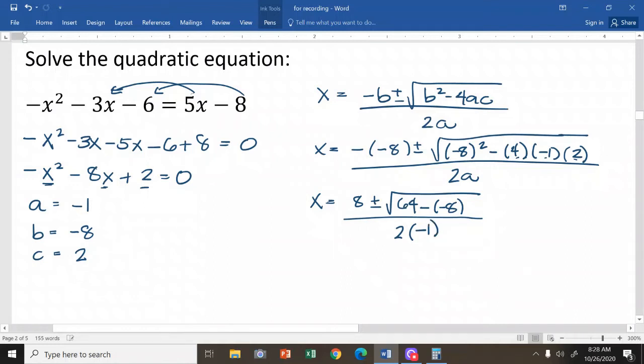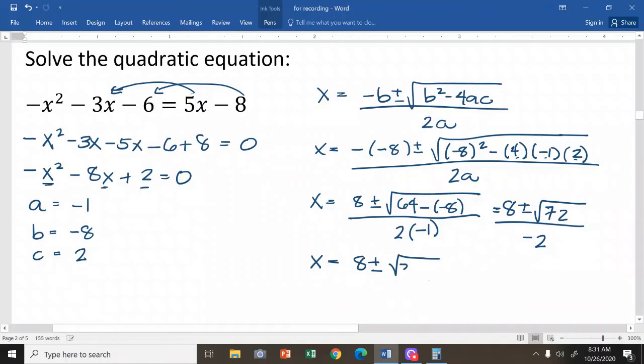Hindi ko pala nalagay yung negative 1 dito. Okay, so, ngayon meron tayong 8 plus minus square root of, so, 64 minus negative 8 is positive 72. Then, over negative 2. So, pag sinimplify pa natin siya further, x is equal to 8 plus or minus square root of 72, hindi siya perfect square. So, isi-simplify na lang natin to.